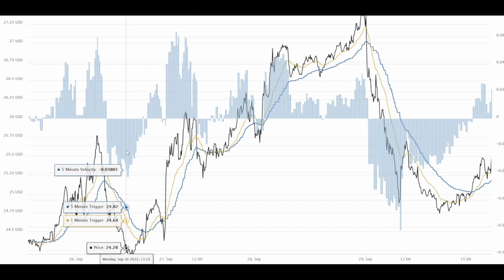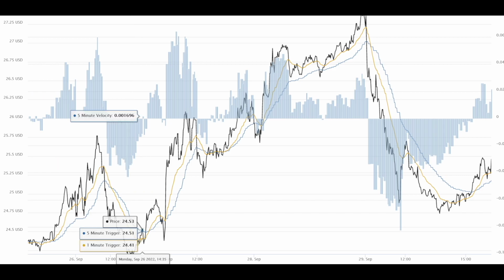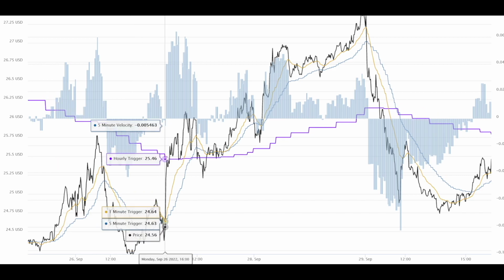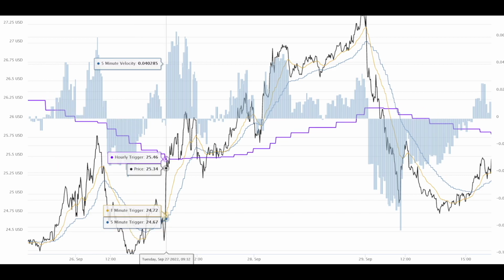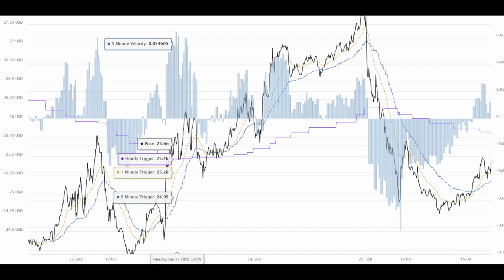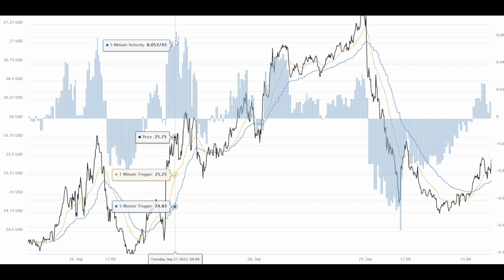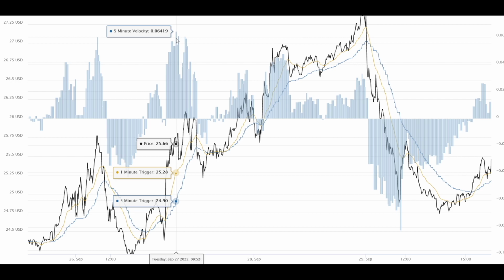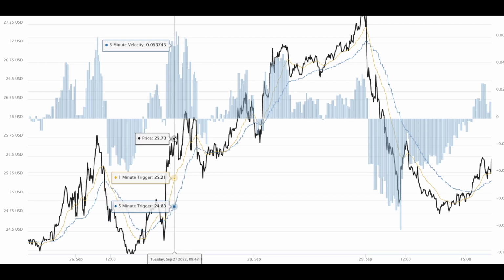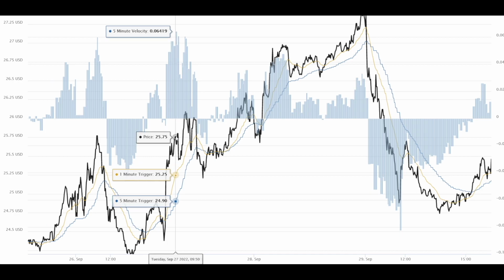If we look from when price broke above the hourly trigger right here, that's when technically it starts. That's when you can start counting. Then you look for the highest 5-minute velocity print, which was right here, 0.06. Nothing crazy for GME, but 0.06 was the highest velocity print, and price was at 25.66 at the time.